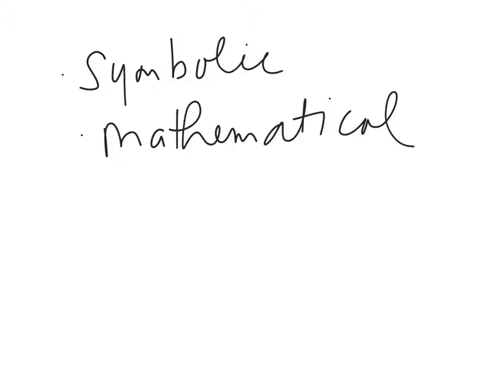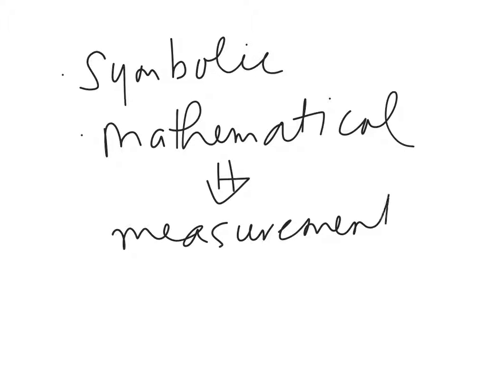So when we talk about chemistry being mathematical, we talk about it in the fact that it's a field of science, so we make a lot of measurements. And these measurements that we make give us insight to what's going on with the atoms and the compounds at the microscopic level.